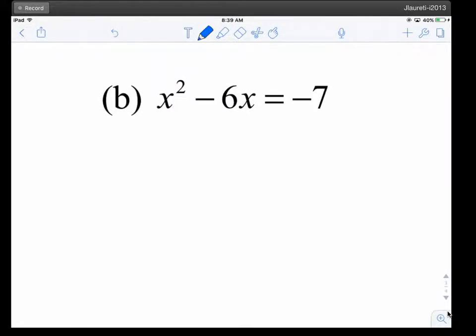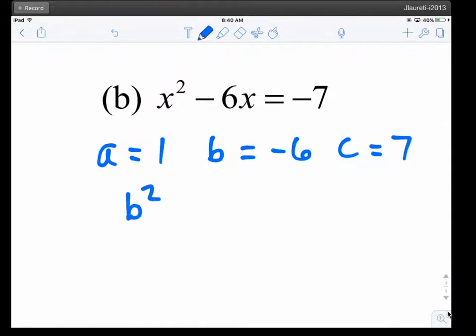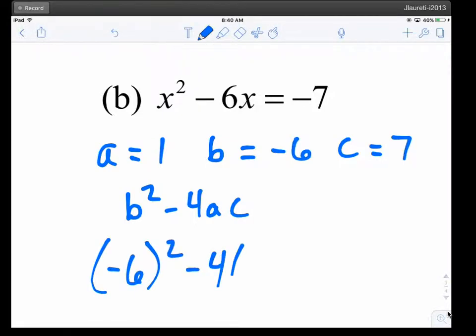All right, letter B. What is the value for A here? B is negative 6, and C is positive 7. Good. You have b squared minus 4ac, so that again gives me negative 6 squared minus 4 times 1 times 7.